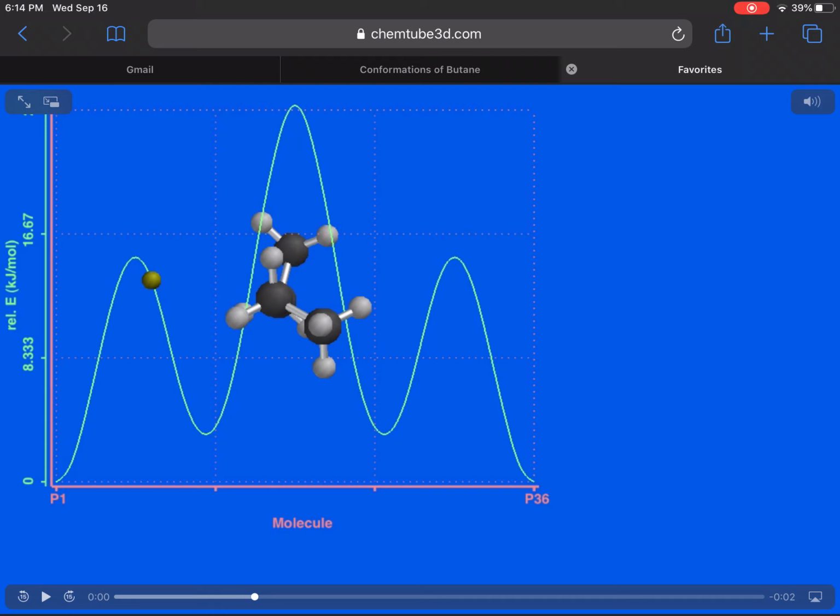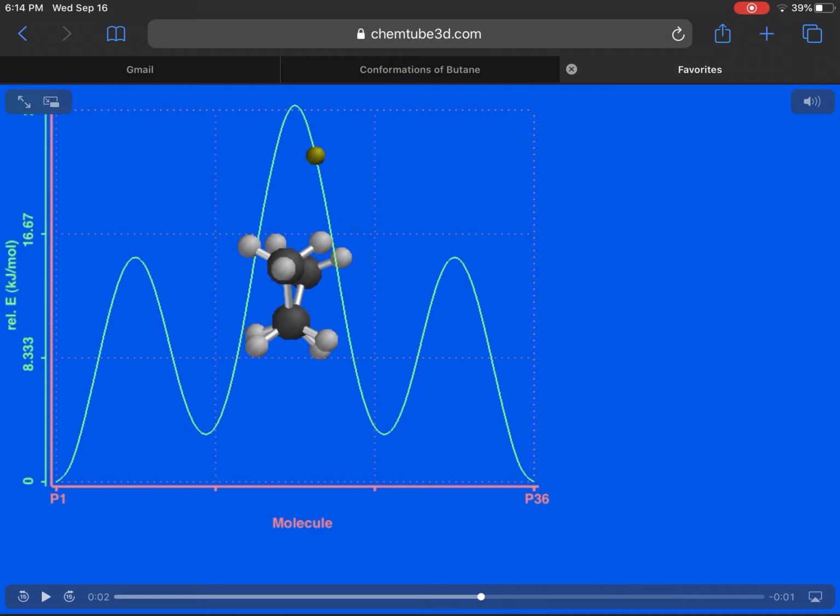So as you might expect, this is higher in energy, but it's not the highest energy conformation we have. Then we rotate into a staggered gauche, and you can see staggered gauche is definitely lower in energy than the eclipses, but definitely higher than the staggered anti.